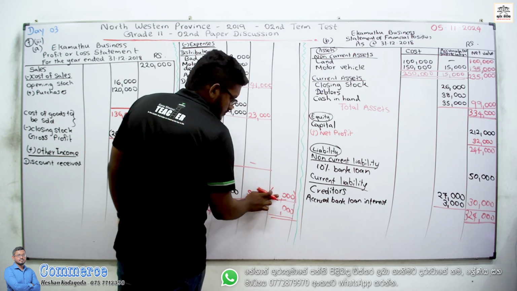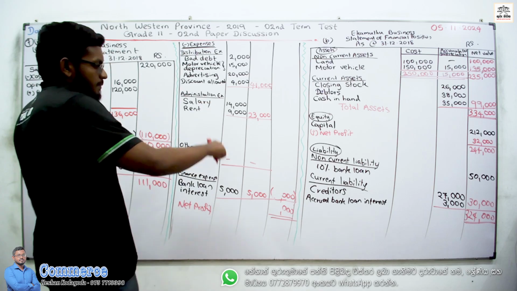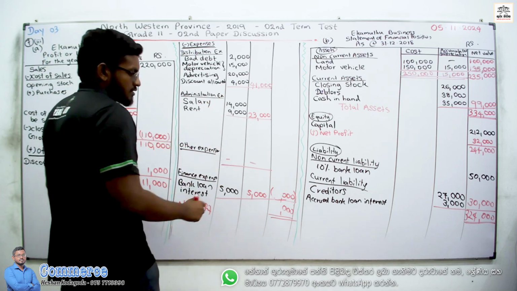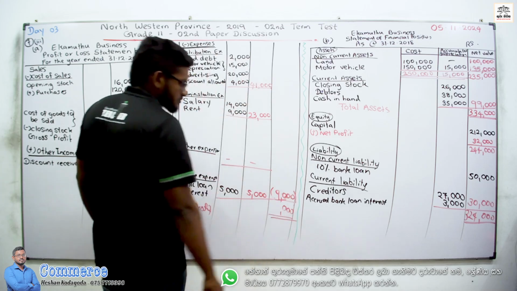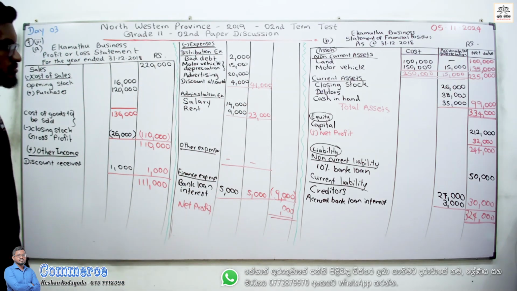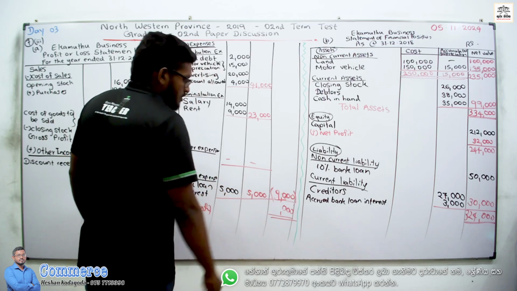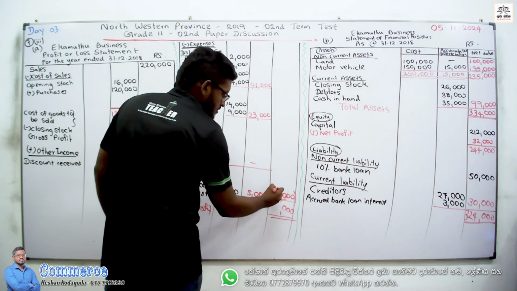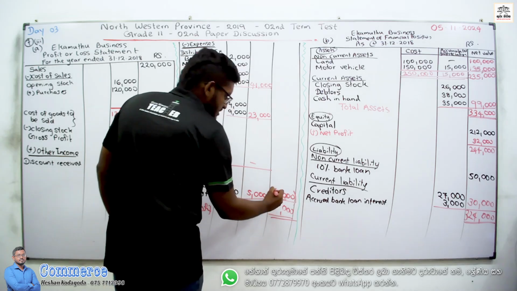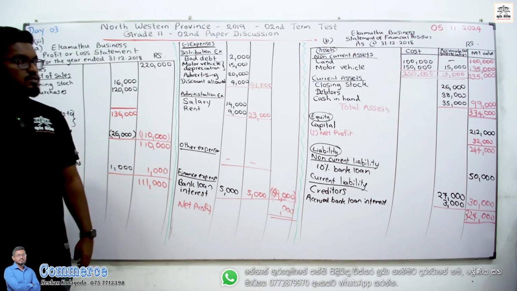Let's see. In here 9, 9, and in here 6. Is it 69,000, guys? Hello, can you hear me? Right?